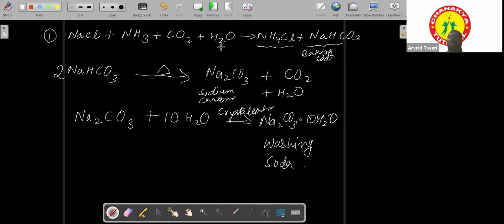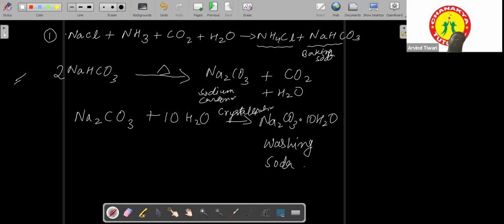Okay. So I think everyone has written that in the first reaction, we are using sodium chloride, ammonia, carbon dioxide, and water to obtain ammonium chloride and baking soda. Then baking soda is heated to obtain sodium carbonate, carbon dioxide and water.